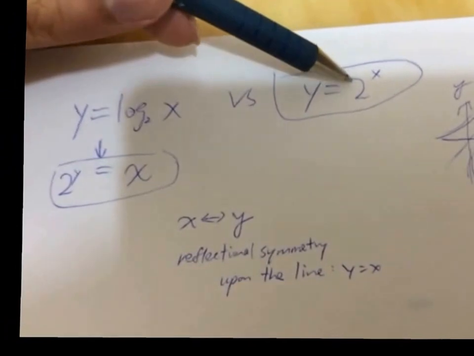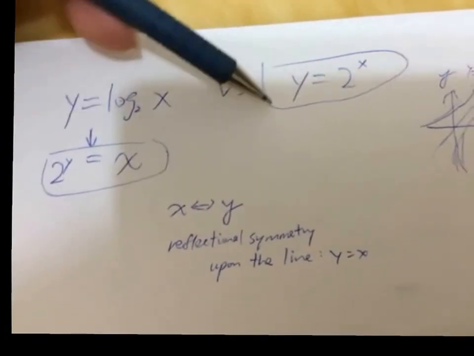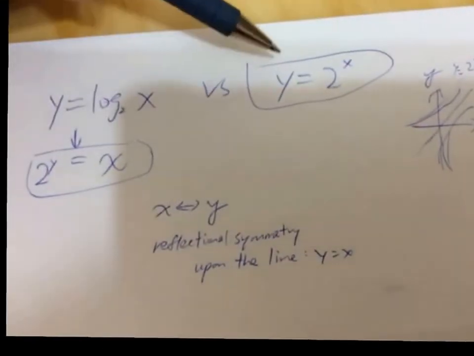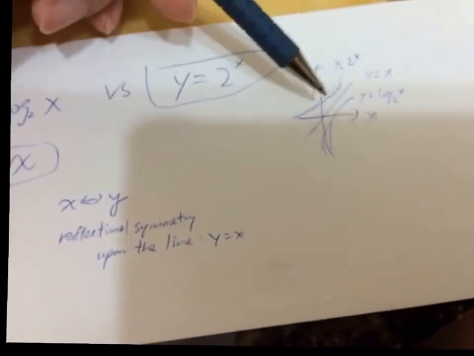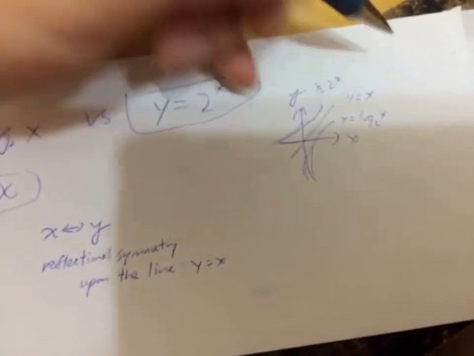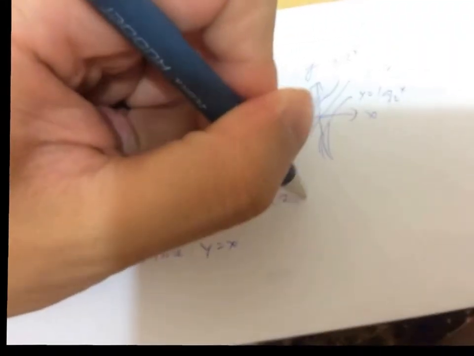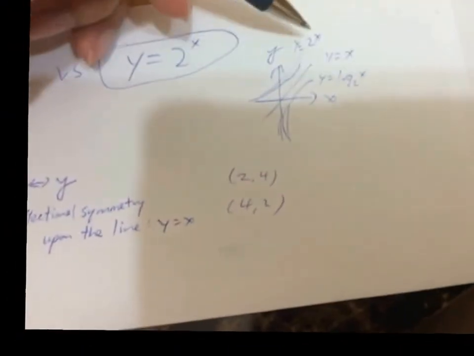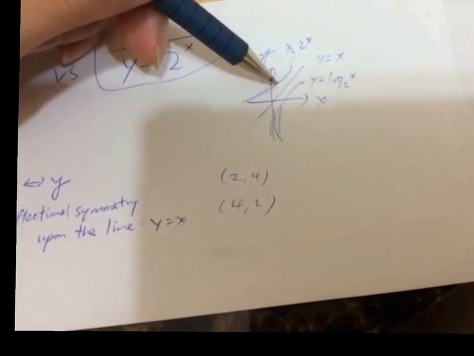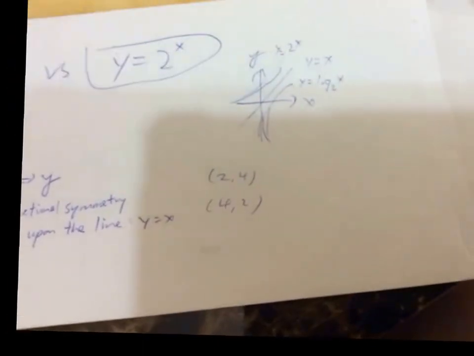So if you compare, this one is 2 to the power x equals y. These two just interchange x and y. So the x and y values change. For example, one is 2, 4, the other is 4, 2. So you will see it is like a reflection about the line y equals x.